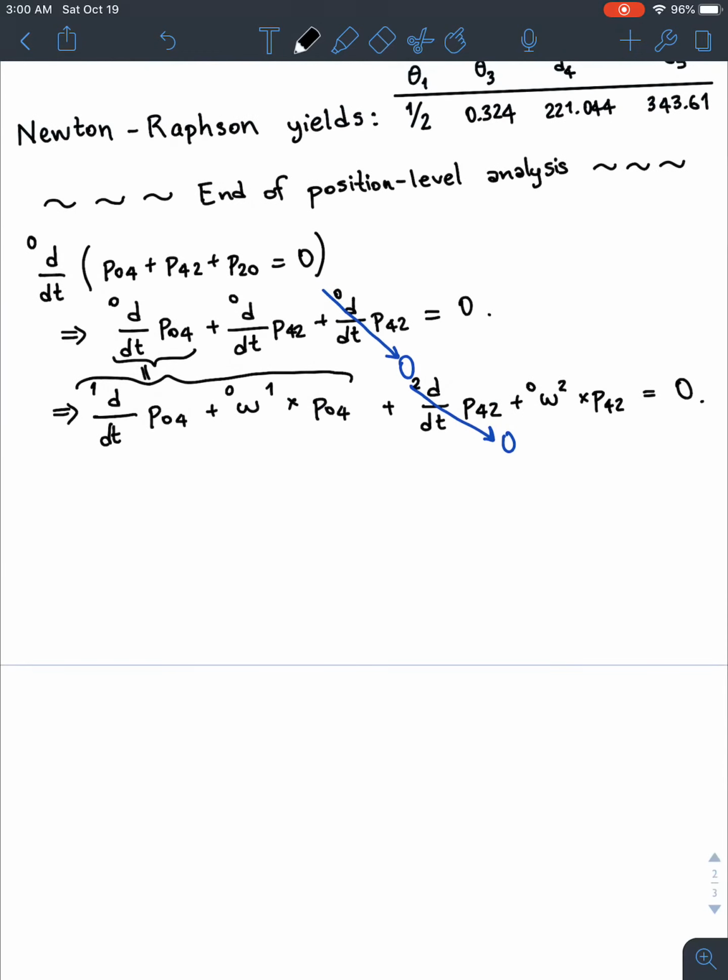So the vector P04 in the first frame is clearly D4 Y1. So I can carry on and put that in here. This is d dt in 1 of D4 in the Y1 direction.